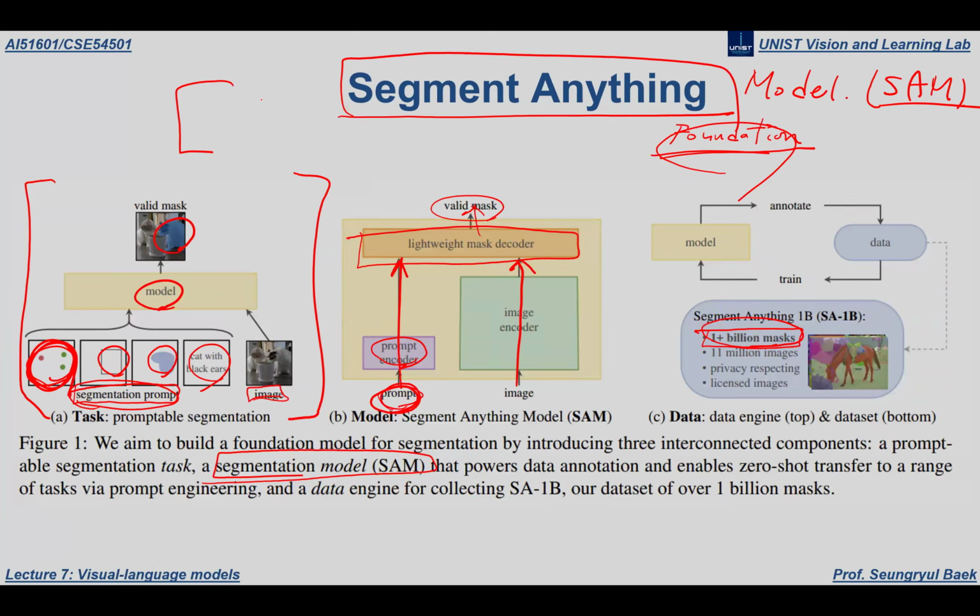So given some images, if there is a human here, and the user gives some point here, then just using this point as the prompt, SAM can detect the fine segmentation mask for this person. Okay, so that's why we are giving this type of prompt.